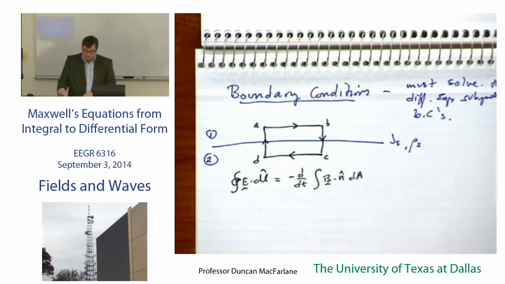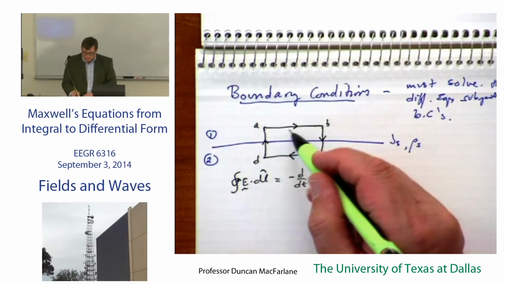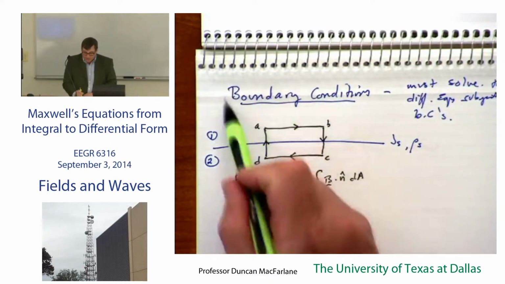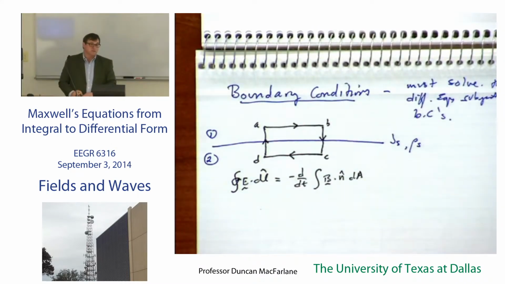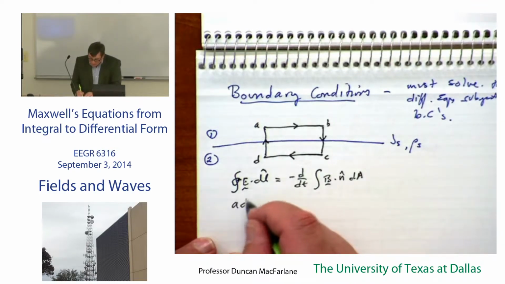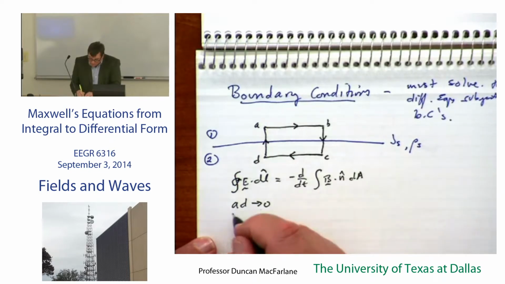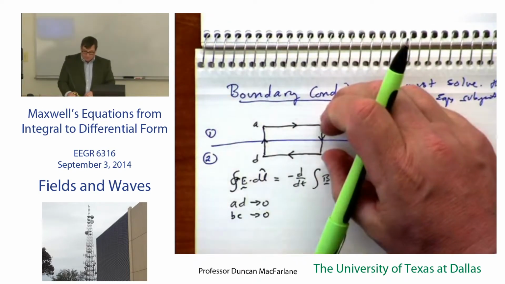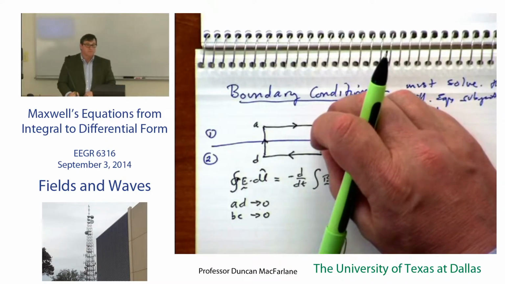But I really don't care what happens up in here, up in here, up in here. I don't really care what happens up here and here. I care what happens exactly at the boundary conditions. And so for that reason, I'm going to take my B and my C and put them really close together.